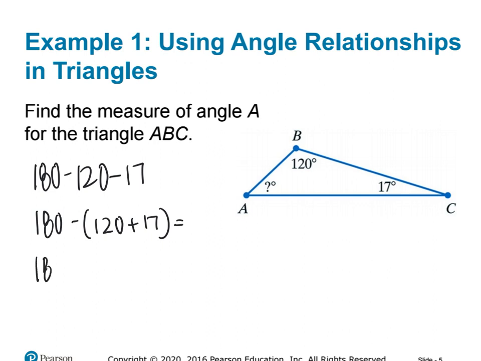So it'd be 180 minus 137, and that is going to give us 43. So that's the measure of angle A.